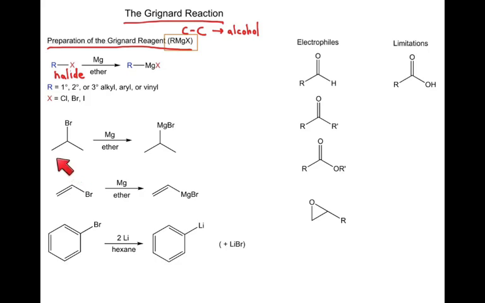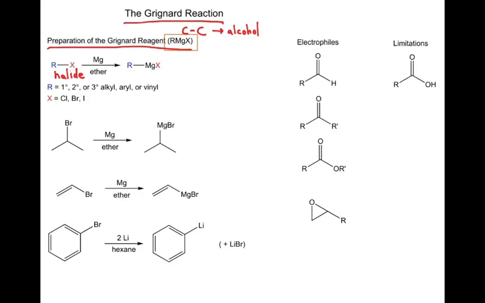So in our first example here, I'm starting with a secondary alkyl bromide. Okay, when this compound is dissolved in ether and mixed with magnesium metal, the magnesium will insert in between the carbon-bromine bond. The mechanism of this is pretty complex and involves some radical reactions, so we don't really need to go through the mechanism here.